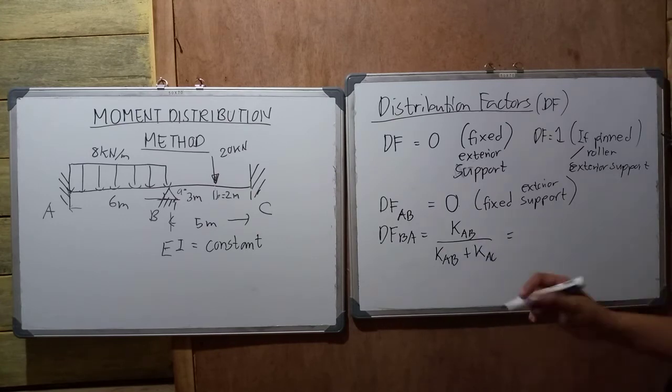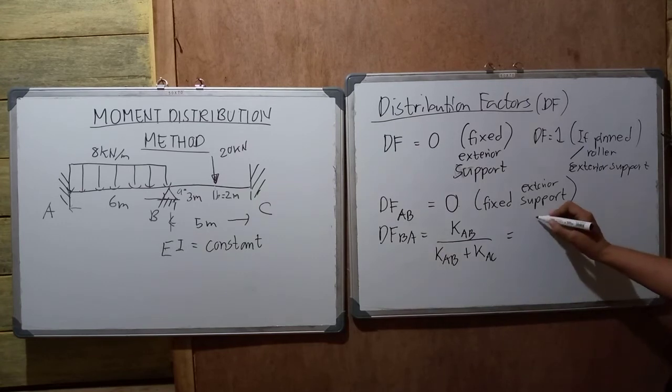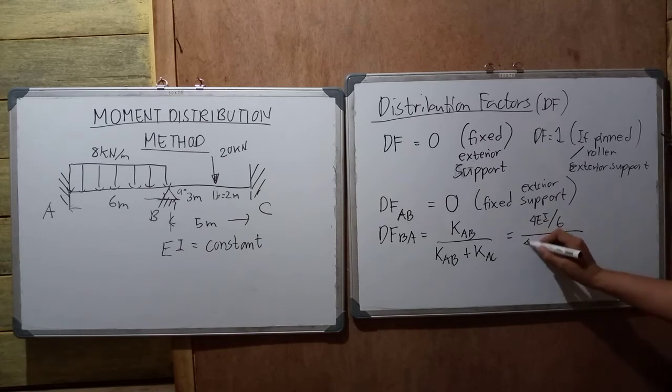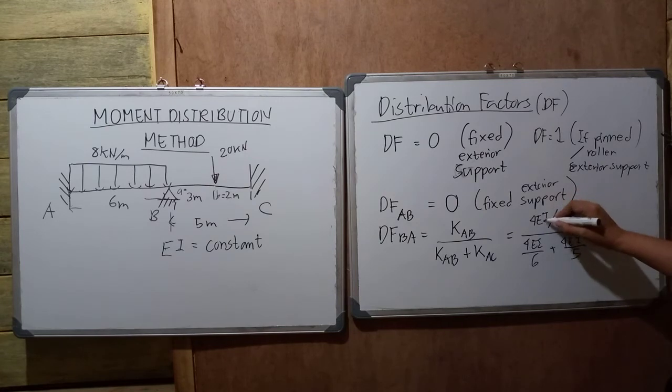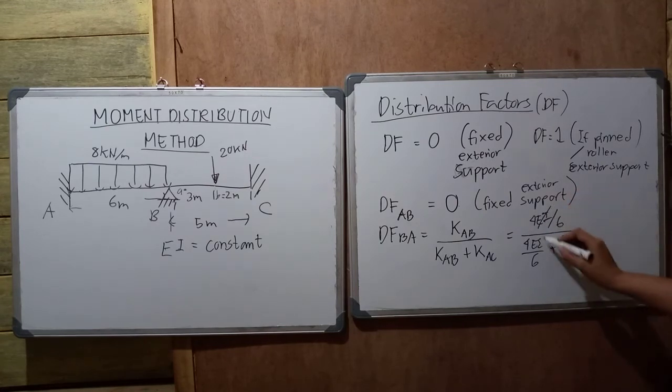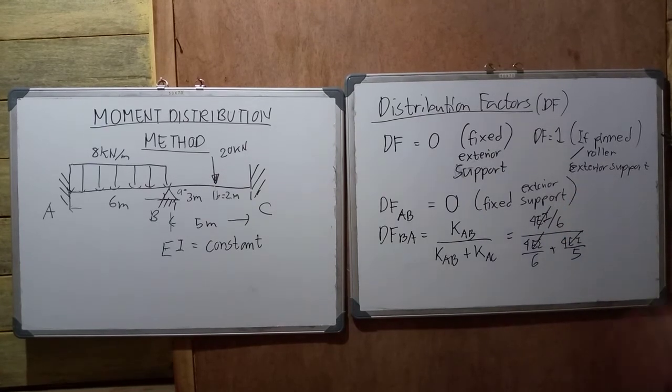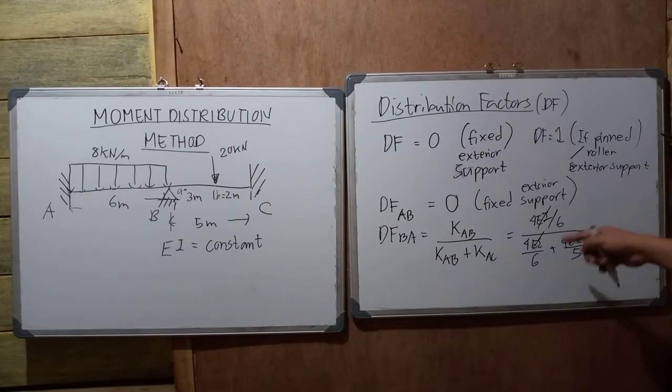So, we all know na yung KBA natin is 4EI over 6. And then, yung denominator natin is 4EI over 6 plus 4EI over 5. Okay? So, we can cancel out EI, para hindi magulo kasi may EI in both sides. So, 4 over 6 or 2/3 over 4 over 6 plus 4 over 5.